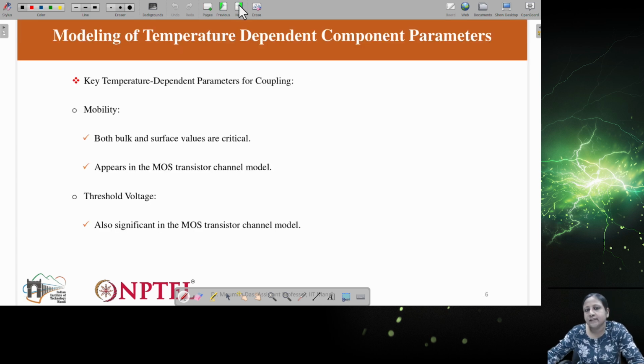Now this is the external thing, but how can we know what the heat generated in the device will be? For that, we need to model the temperature dependent components of the parameters we have in the device.